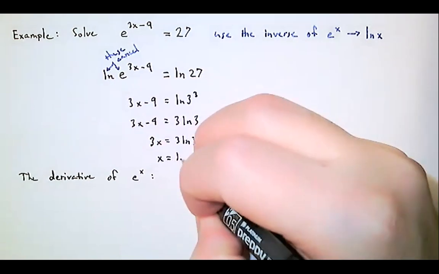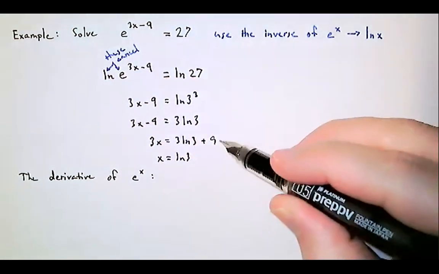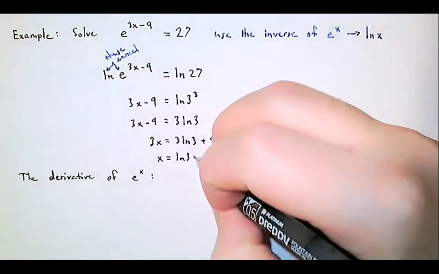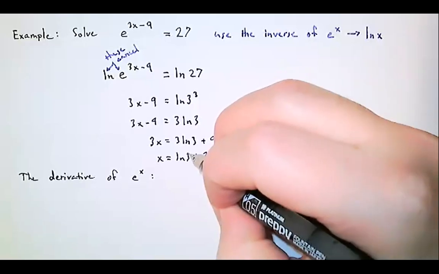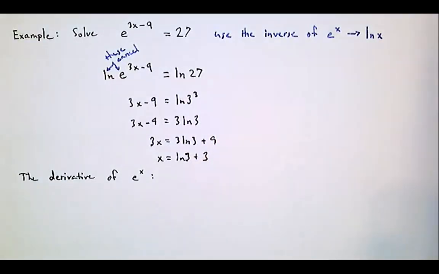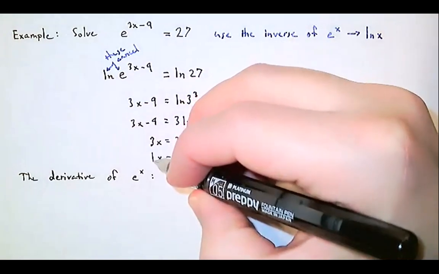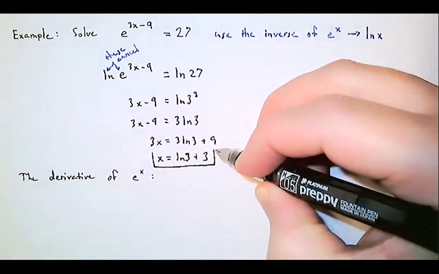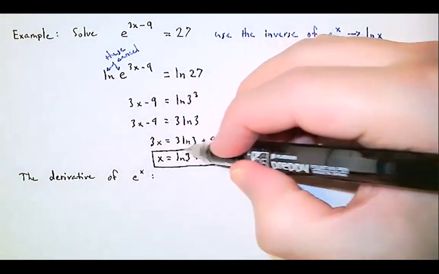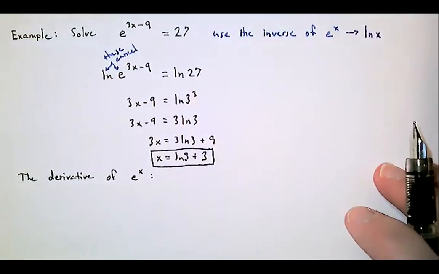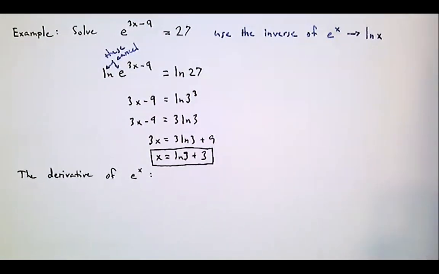So you have a natural log of 3. Divide your 9 by 3 to get 3. Okay, any questions over that process?